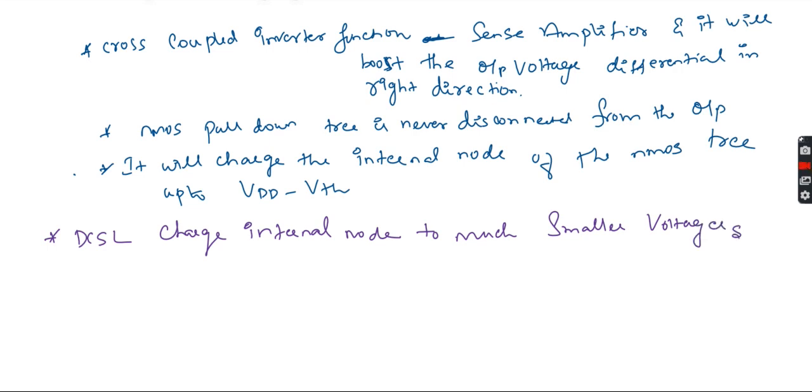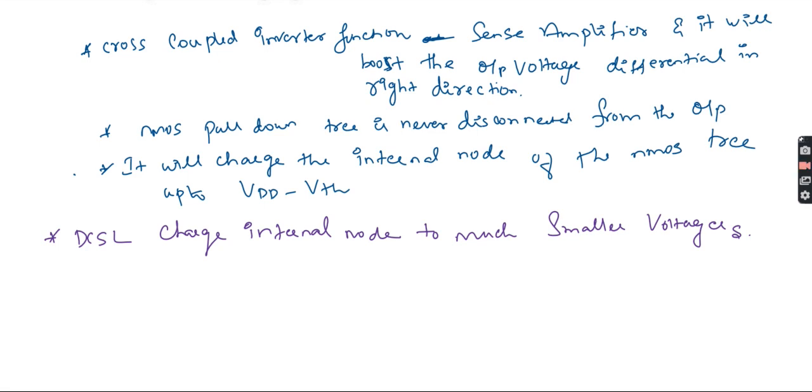Much smaller voltages, for example, if the supply voltage is 5 volt, then the order of 1 volt. With the supply of 5 volt, the gate will come to rest in a state where Q will be low and Q bar will be high.